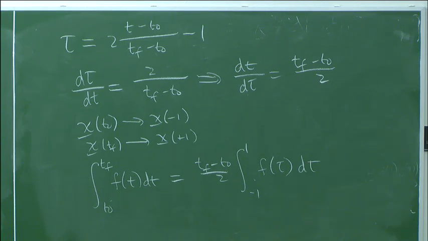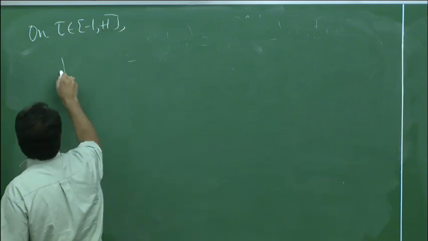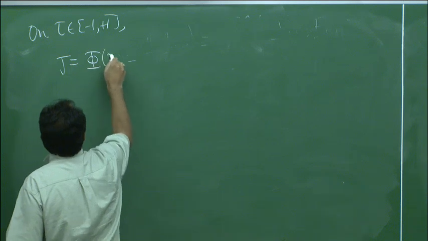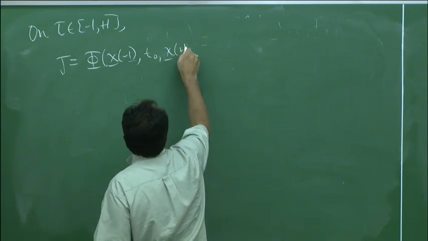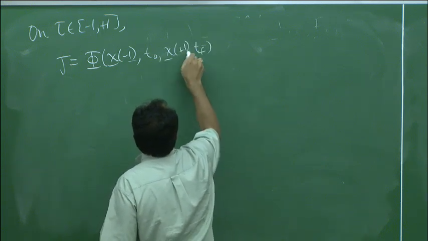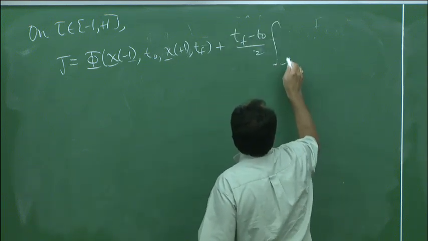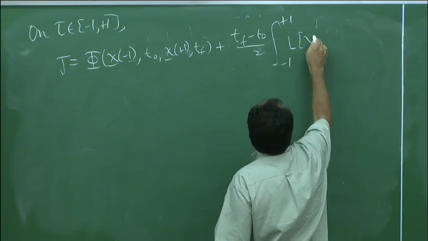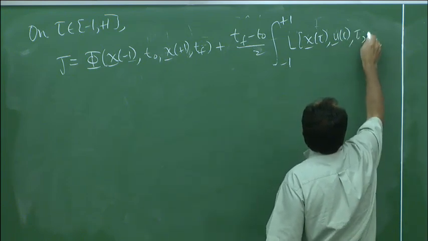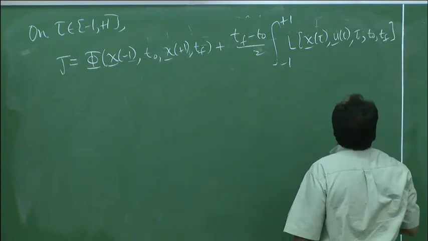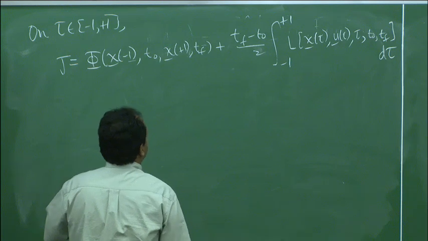So on tau in negative 1 to plus 1, we have the following, which is J becomes phi of x of minus 1, t0, x of plus 1, tf, plus tf minus t0 over 2 times the integral from negative 1 to 1 of L of x of tau, u of tau, and tau, but now I've introduced these parameters t0 and tf, so this becomes a function of t0 and tf, d tau.